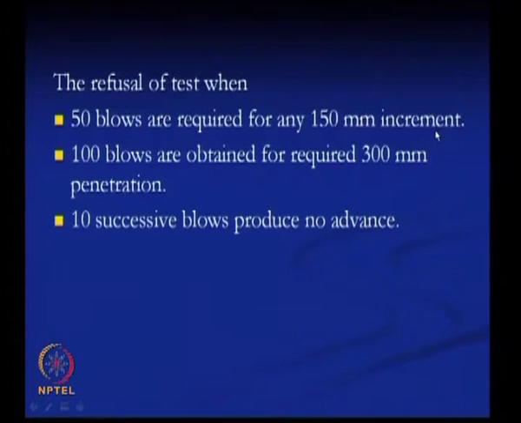The next condition is if 100 blows are required for the 300 millimeter penetration. And the last one is that 10 successive blows produce no advance. If any of these three conditions is observed in the field, then we can say this is the refusal of the test.